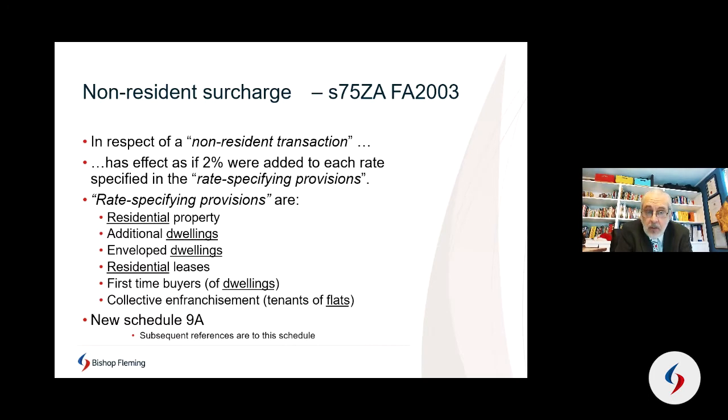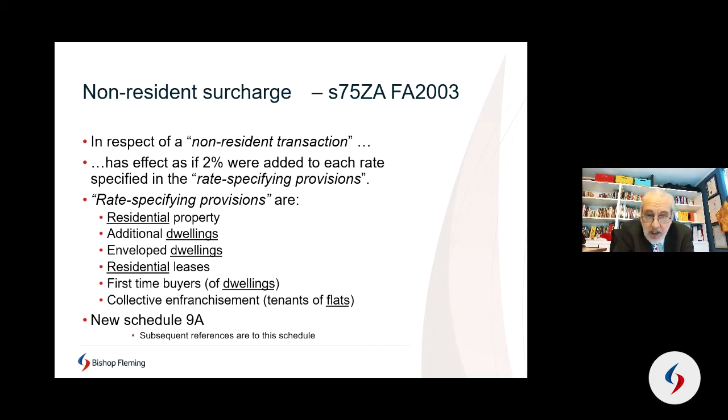So if you've got a lease caught by this, there is no nil rate band. It's a 2% band and a 3% band. A non-resident first-time buyer of a UK dwelling will get their reduction, but not to an enhanced nil rate band, but to a larger 2% band.